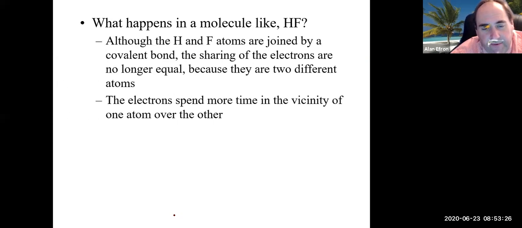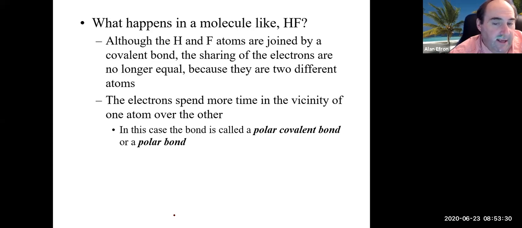Now, what happens when we take a bond like HF? The electrons will no longer be shared equally between the hydrogen and the fluorine. One major reason is that they are different elements, with different periodic trends and properties. But there's also a difference in electronegativity.